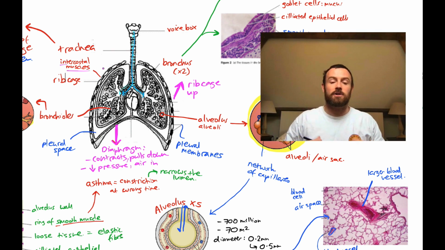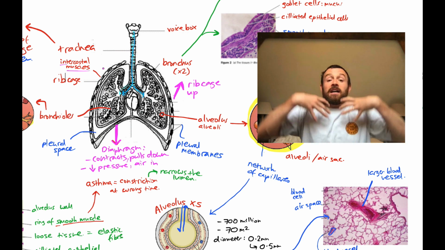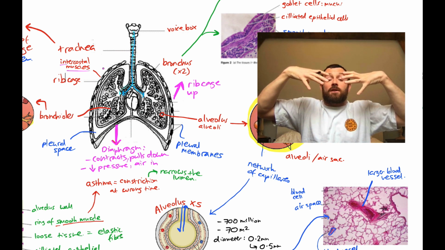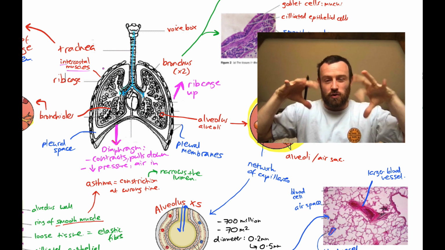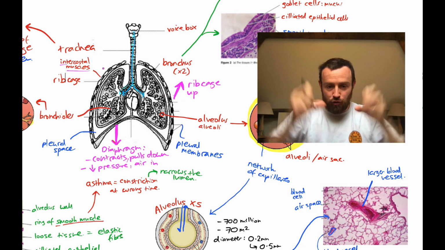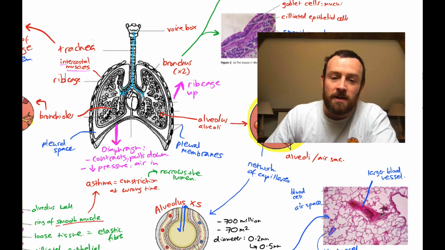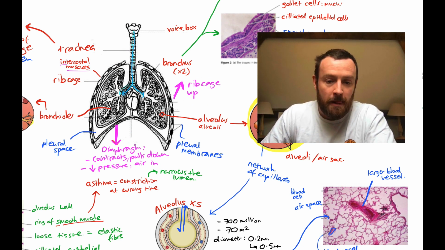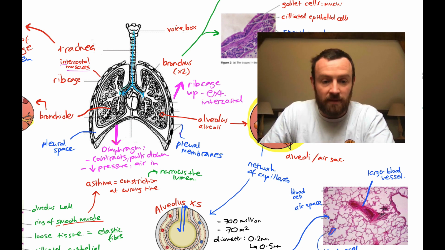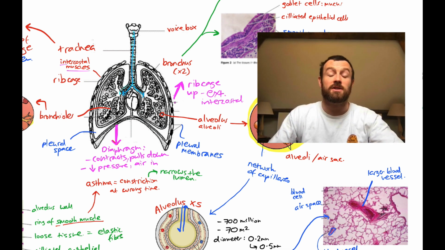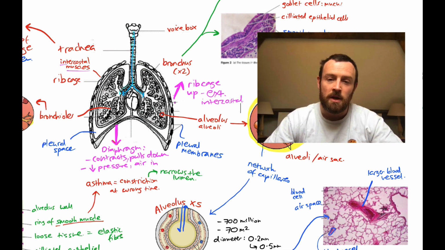The external intercostals contract and lift up the rib cage for inspiration. And if you really want to force your breath out, the internal intercostals, which are inside the rib cage, contract and pull the rib cage down. So I've labeled rib cage up, external intercostals, and diaphragm down. Those are the two things that cause inspiration, and it's the opposite for exhalation.